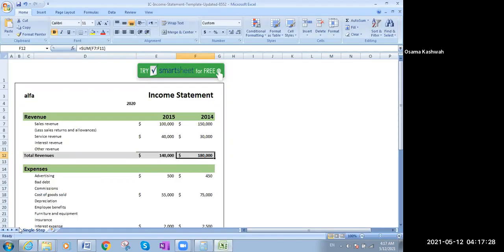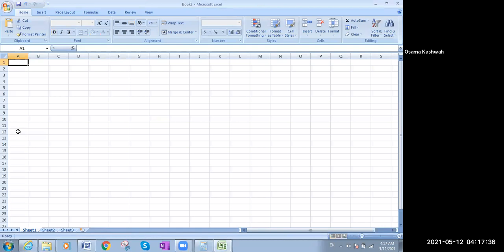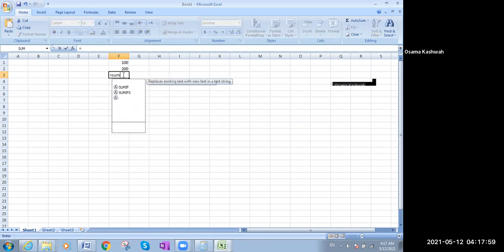Let us see another Excel application and we'll show it to you. So if I say as example, 100 and here is 200, and I want the sum of those two numbers here. I know that 100 and 200 is 300, but the problem is when they increase. So I will say equals SUM, the function sum, then open bracket.